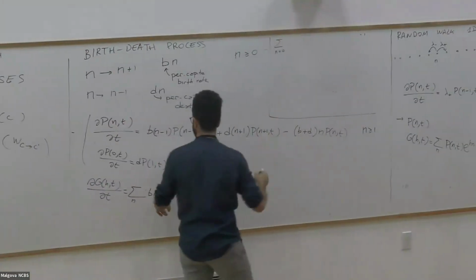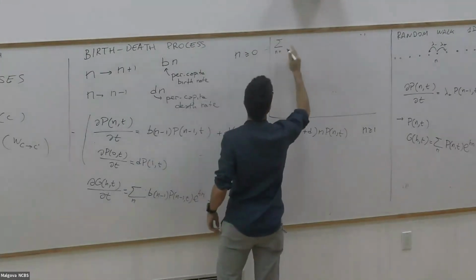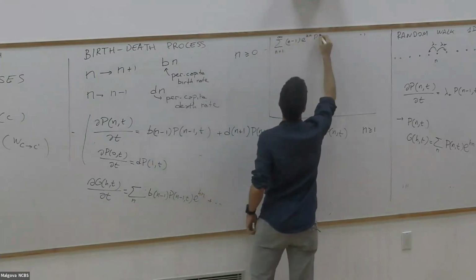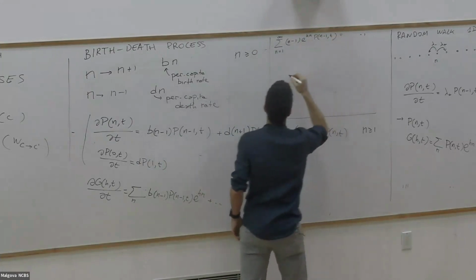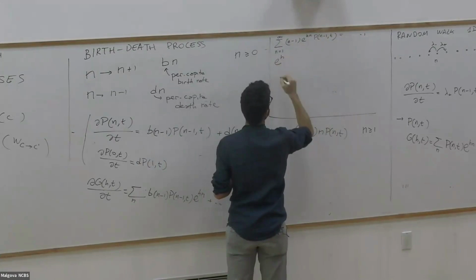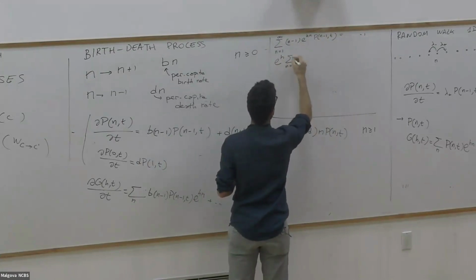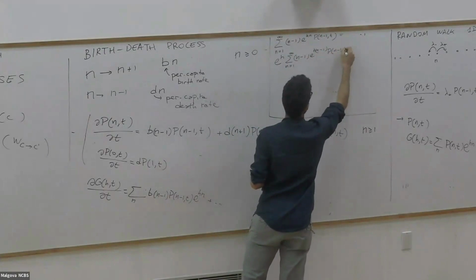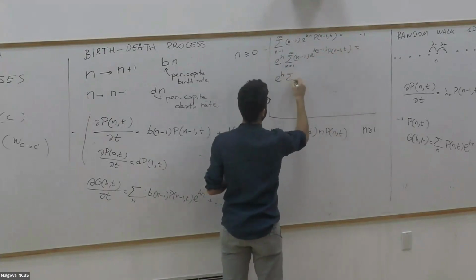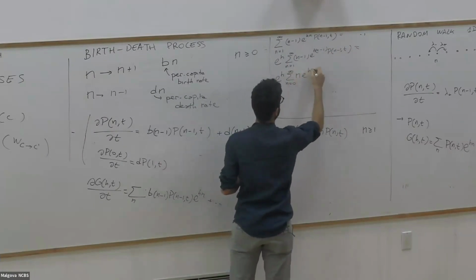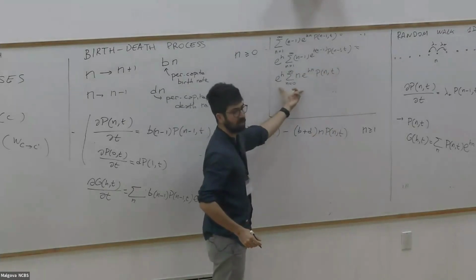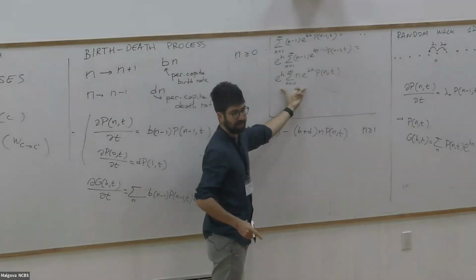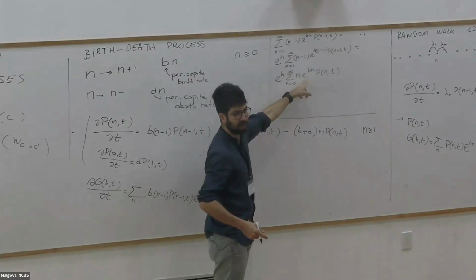this term exists only if n is equal to 1 or larger. So the sum from n equals 1 to infinity of n minus 1 e to the H n P of n minus 1 T. And this one I can manipulate and write it as e to the H sum from n equals 1 to infinity n minus 1 e to the H n minus 1 P of n minus 1 T, which I can write as e to the H sum from n equals 0 to infinity n e to the H n P of n T. And then this term I could write as a mean, but I can also write it as a derivative with respect to H, right?